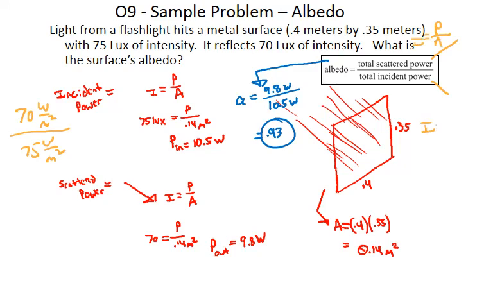So intensity times area equals power, right? So if you did that, what you did essentially was you did IA over IA, where the areas canceled out, and then you just did intensity over intensity, and you got the same thing. But as you work through this, make sure you recognize that's what you did. You just can't throw those two numbers over each other and do that. You have to recognize, it's power over area.